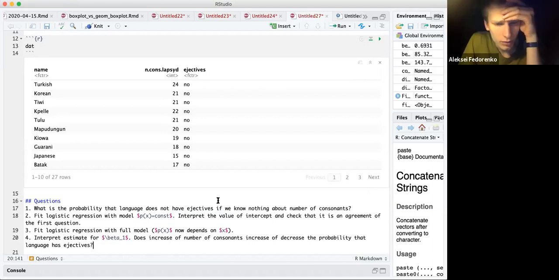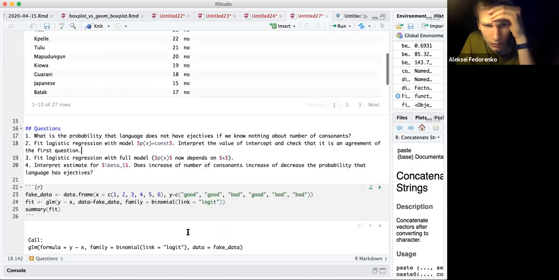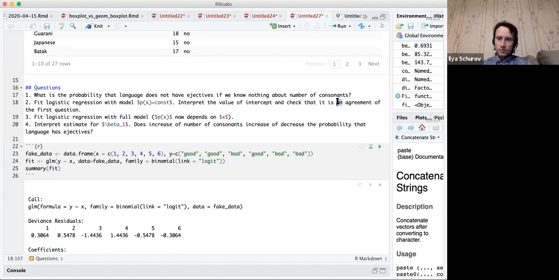In the second statement, there is a check that it is in agreement. Mm-hmm. Yes. Okay.